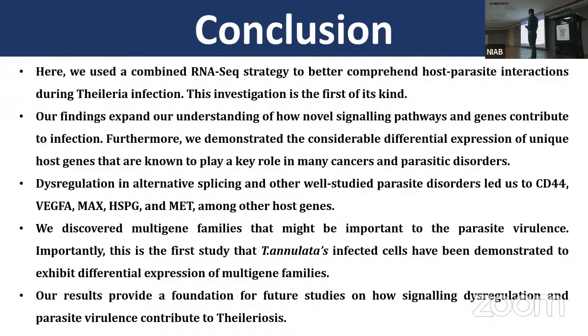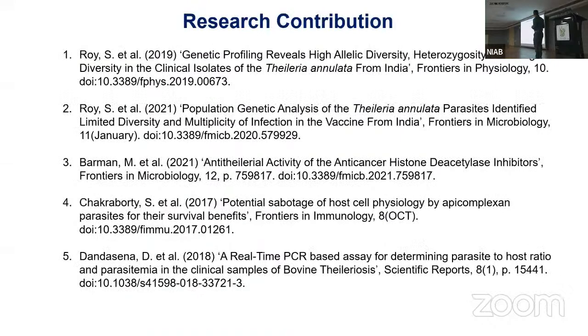Importantly, this is the first study of Theileria-infected cells that has demonstrated differential expression of a multi-gene family. Previously, the multi-gene family had been bioinformatically linked to virulence, but there was no such experimental data. So our results provide a foundation for future study of how signaling dysregulation and parasite virulence contribute to theileriosis.